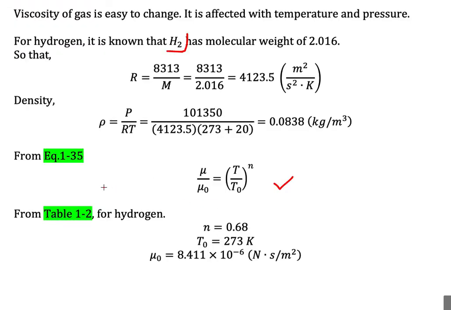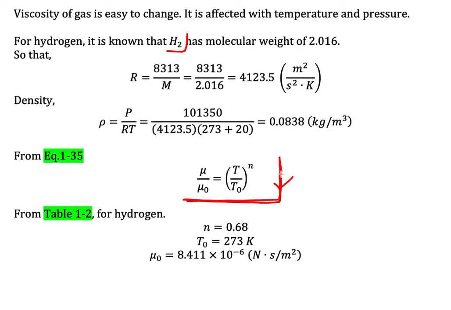To calculate that, we use the prediction equation. It is mu over mu naught equals T over T naught to the power n. If you read the textbook on viscous fluid flow, you will find that the idea comes from previous researchers doing experimental work and curve fitting.